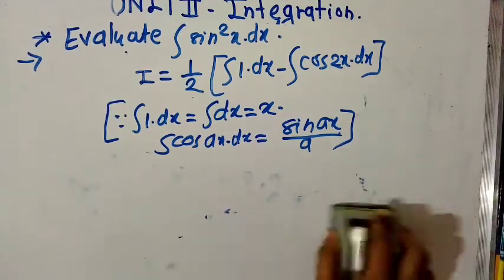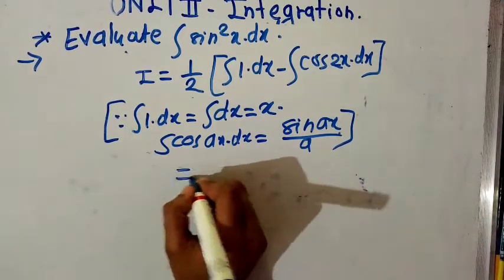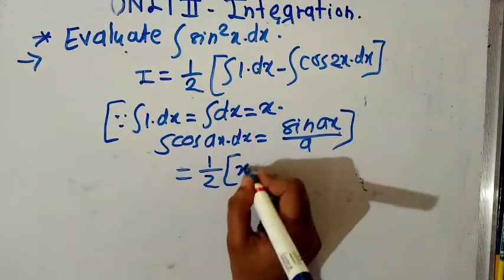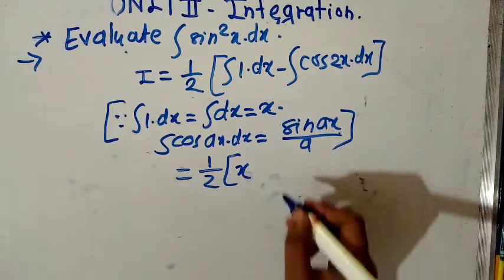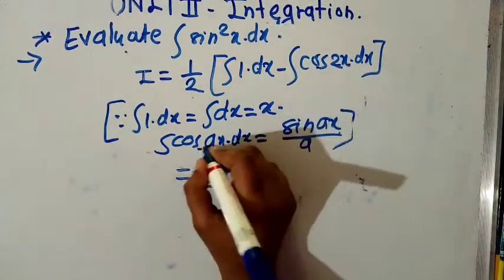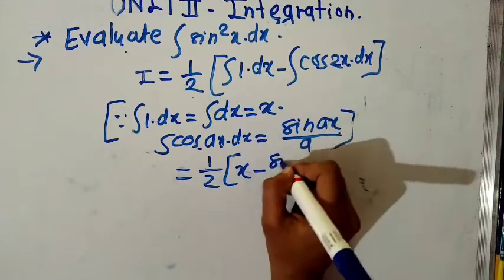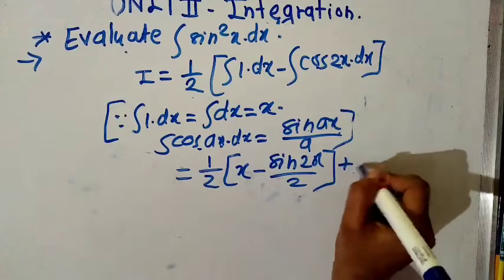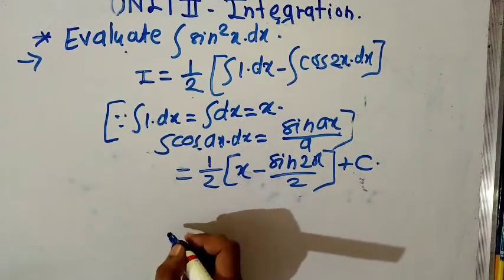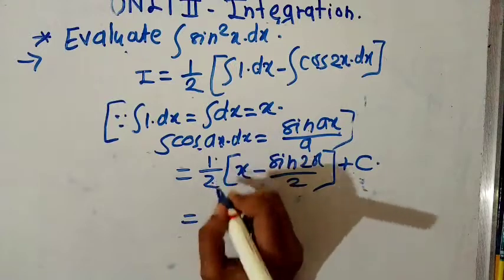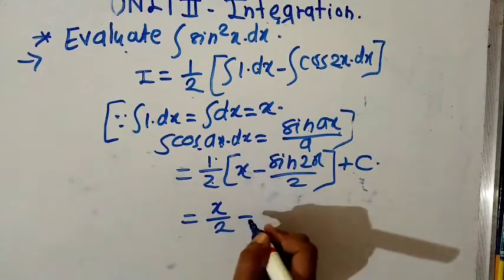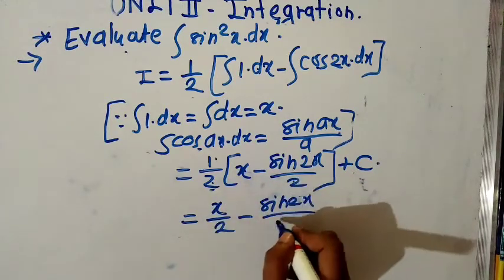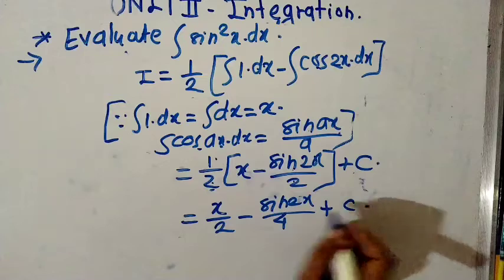So this integration of dx is x, and minus integration of cos 2x is sin 2x upon 2, plus c, and which is equal to x upon 2 minus sin 2x upon 2 into 2, that is 4, plus c.